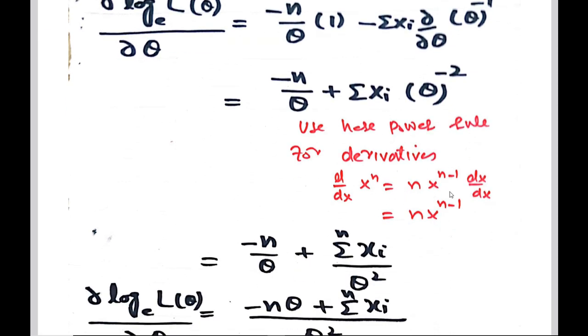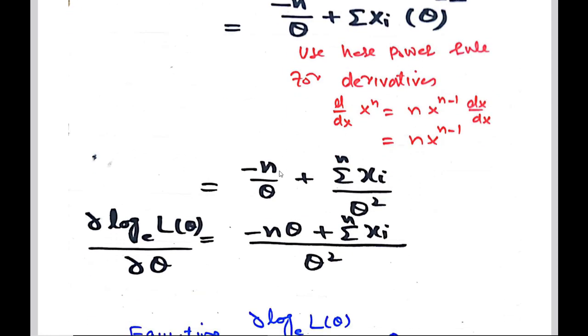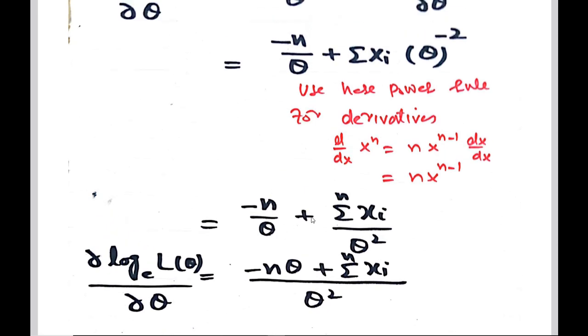This is the formula of the power rule. In the power rule of derivatives, we multiply the power with the number and decrease the power by 1, and again multiply by the derivative of the variable, which is 1. So d over dx of x power n is equal to n x power n minus 1. Here, after simplification, minus n over theta plus the sum of xi over theta square.